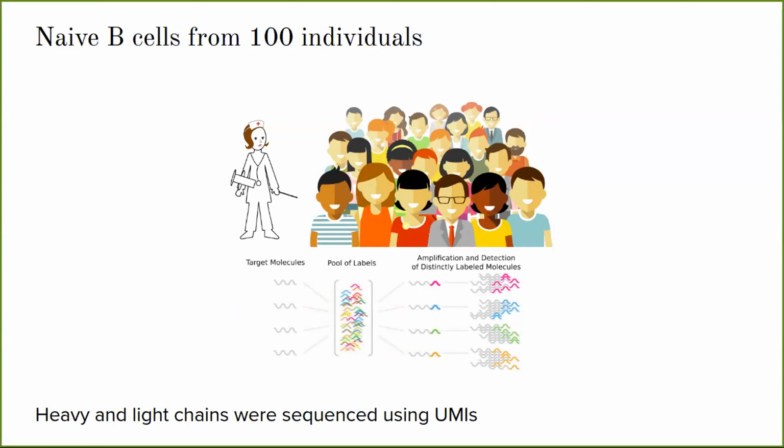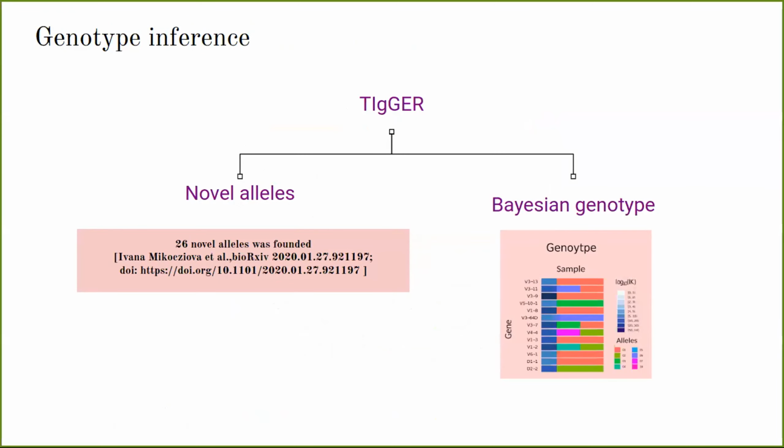First of all, we used the pre-processing pipeline of Immcantation. And one major step for us was using TIgGER. We used it in two different ways. First of all, we used it to find novel alleles.